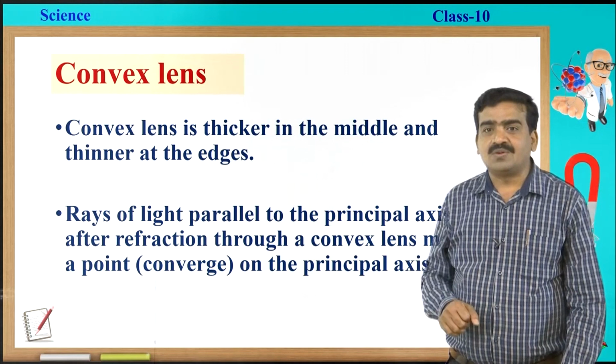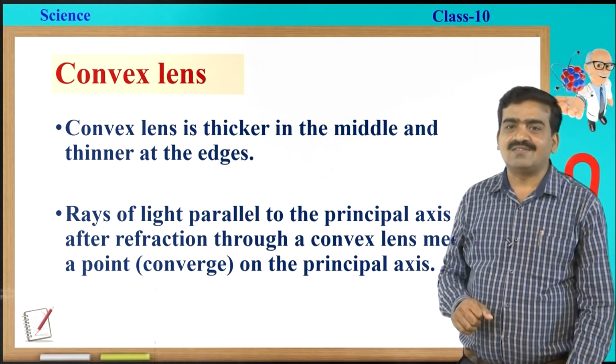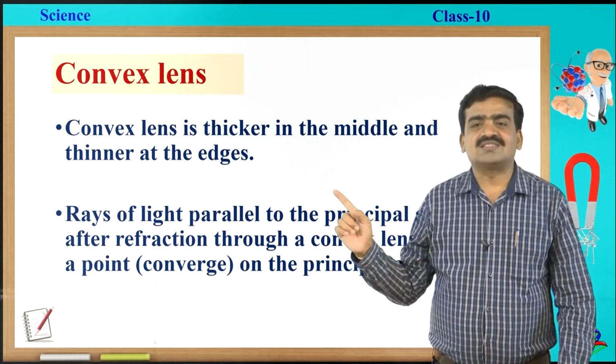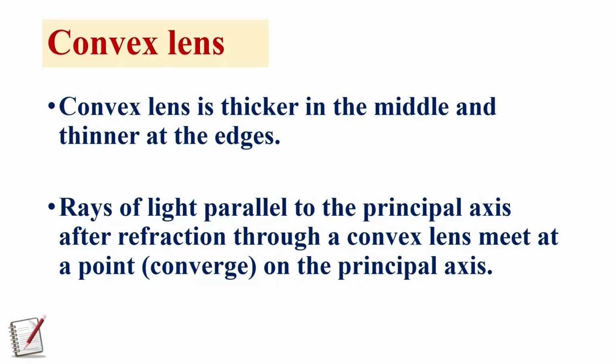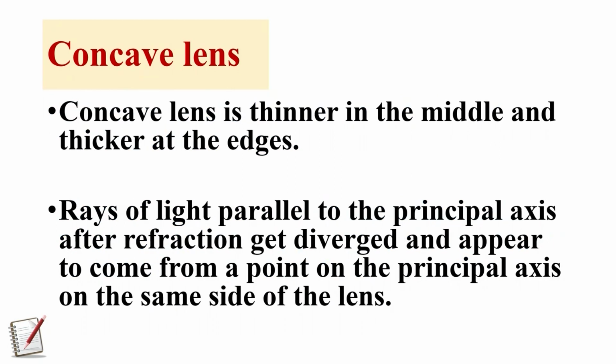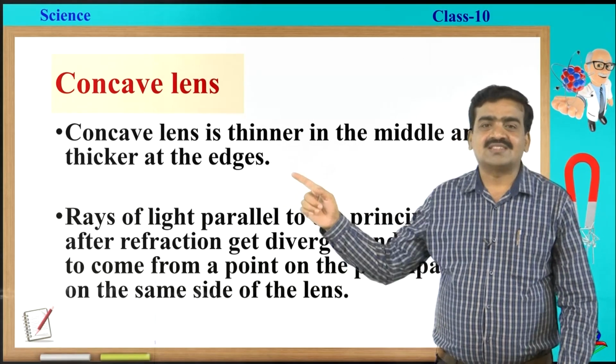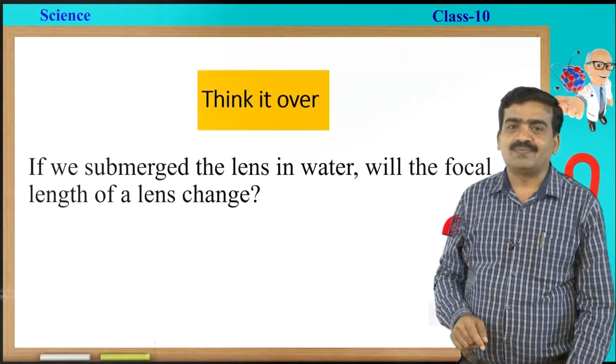You also learnt about convex lens and concave lens. A convex lens is thicker in the middle and thinner at the edges. It converges the rays of light. A concave lens is thinner in the middle and thicker at the edges. It diverges the rays of light, that is why it is called a diverging lens.